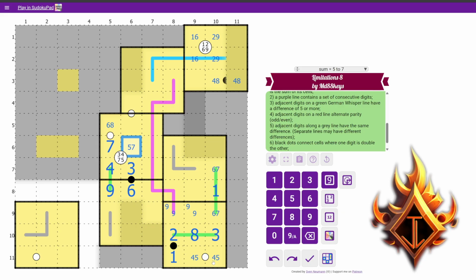We have 4 white dots. This is 5. We have 4 white dots. And we have the digits 1, 2, 3.